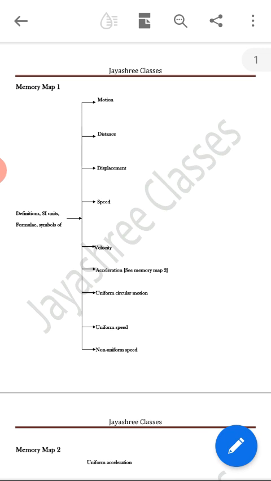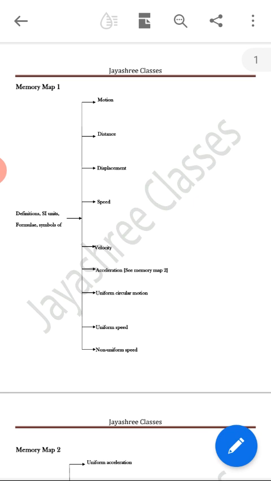You need not open the book and use your valuable time. Just review this memory map quickly and you will be prepared.